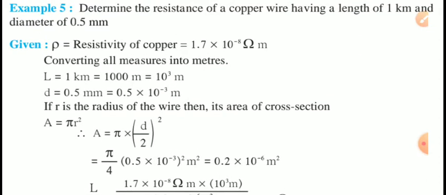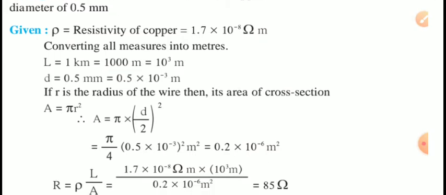Determine the resistance of a copper wire having a length of 1 kilometer and diameter of 0.5 millimeter. Here the resistivity of copper is 1.7 into 10 raised to minus 8 ohm meter. Converting all measures into meters, the length is 1 kilometer, which is 1000 meter, 10 raised to 3 meter. Diameter is given, which is 0.5 mm, which is 0.5 into 10 raised to minus 3 meter.